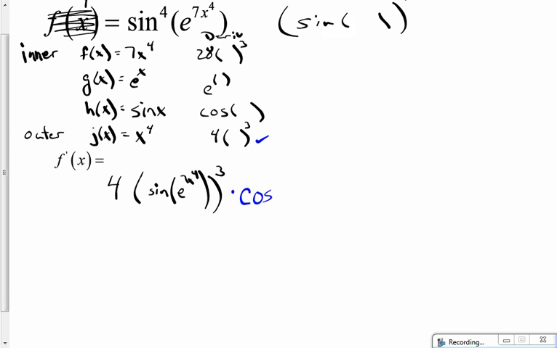Cos what? e to the 7x to the 4th, right? What else goes in this stage of the work? What else do I need to multiply by? The derivative of e to the 7x to the 4th. So that's the next step in the chain, right?